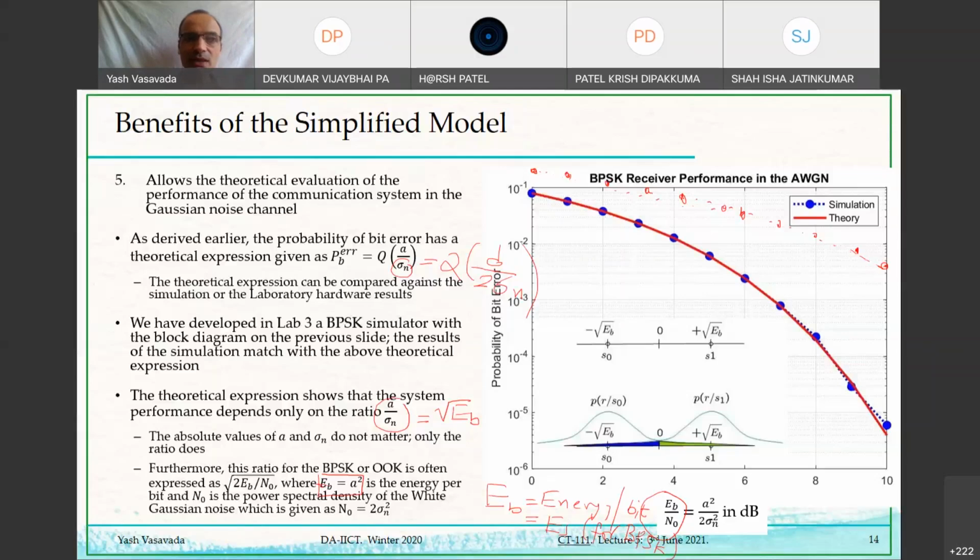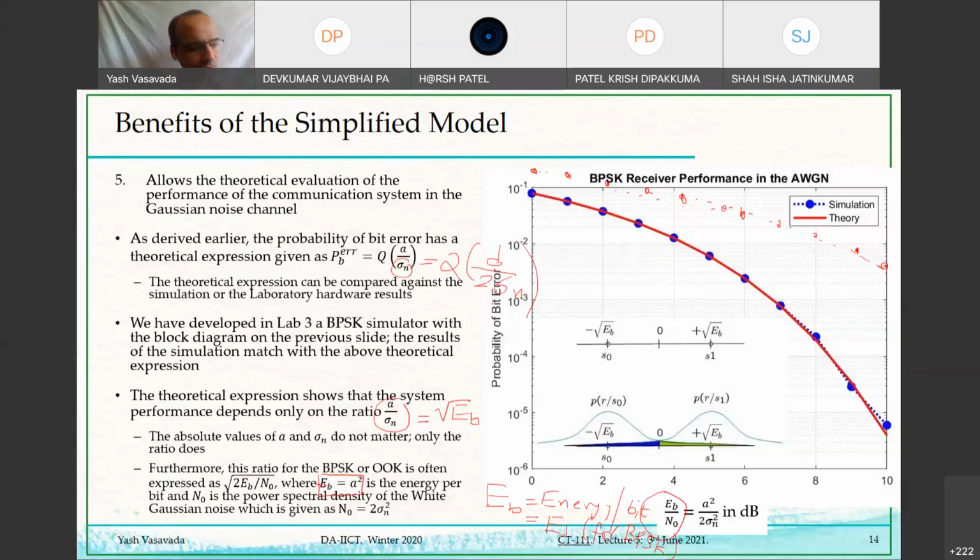How much energy you are spending is probably sometimes more important, right? I mean, when you get your electricity bill at the end of the month for your home, the bill calculates how much energy you have utilized, right? So energy is a more commonly used engineering concept. So we would replace A with square root of EB.